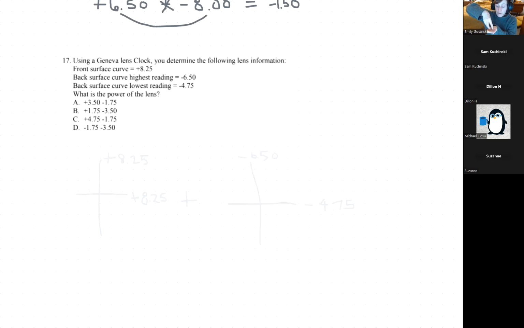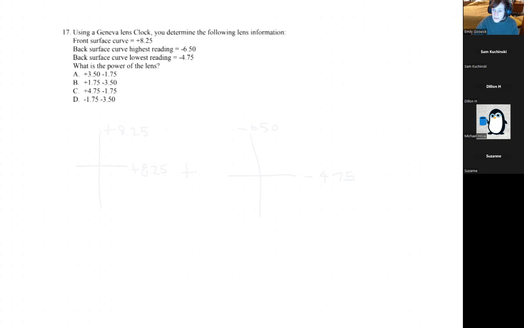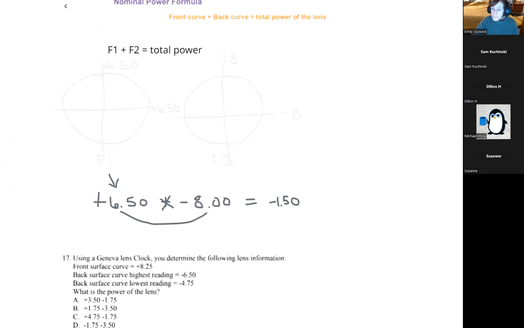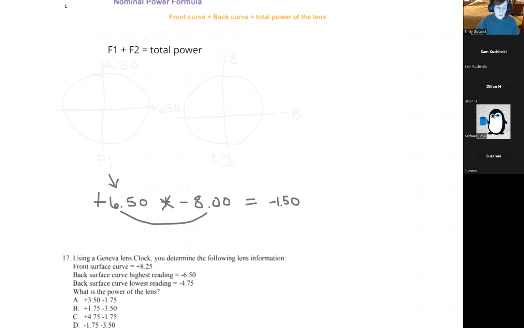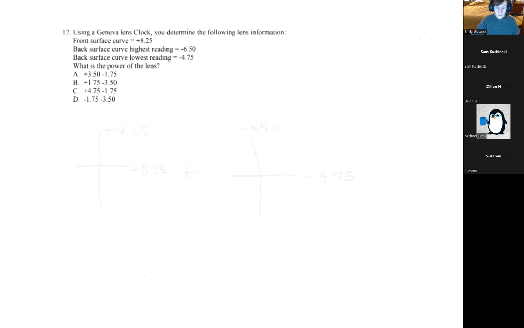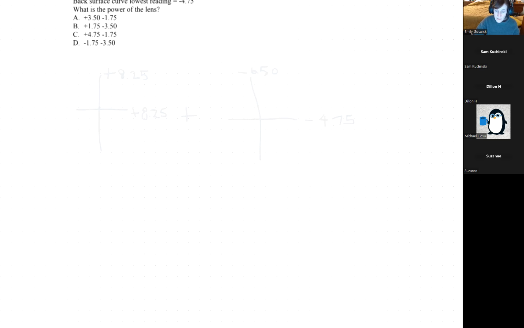The farthest difference between those two that you could get power-wise was getting one to the 6.50 mark and one to the 4.75. Okay, so basically now we're going to do the same thing, that same formula, the front curve plus the back curve, or the F1 plus F2. It gets a little bit more complicated just because we then have to put it back into an optical cross. So let me go ahead and do that.